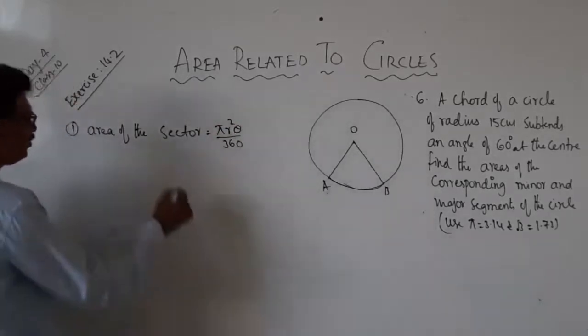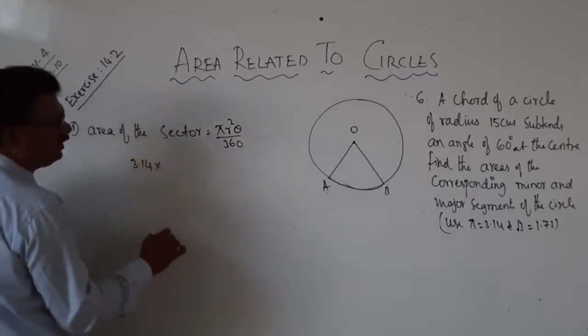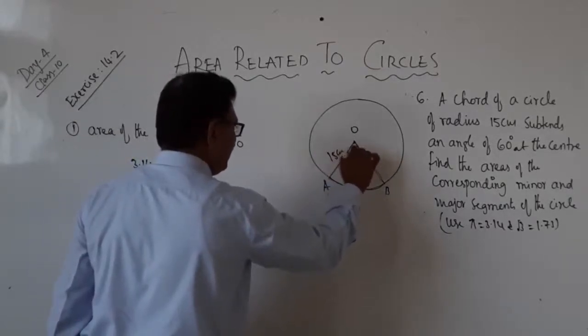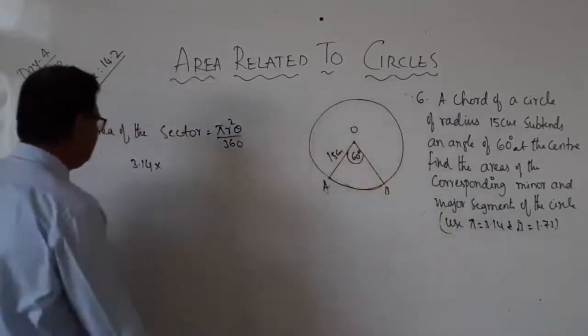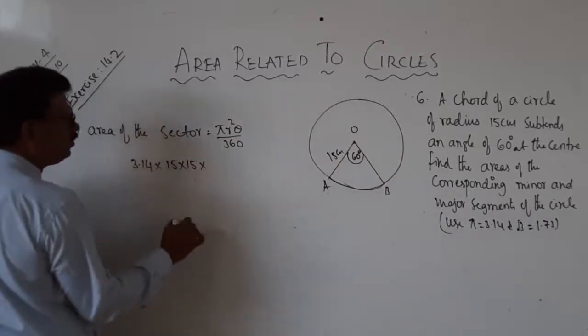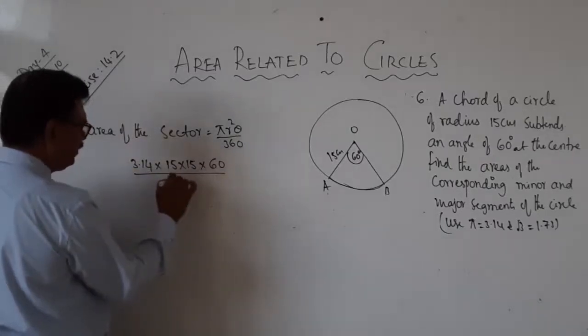So how much is it? Pi is given as 3.14, into the radius 15 centimeter, and the angle is 60 degrees. 15 into 15 into theta, theta is 60 divided by 360.